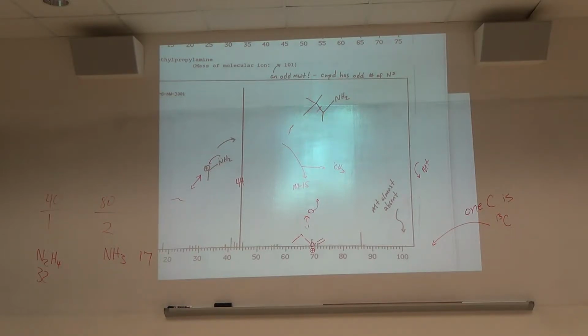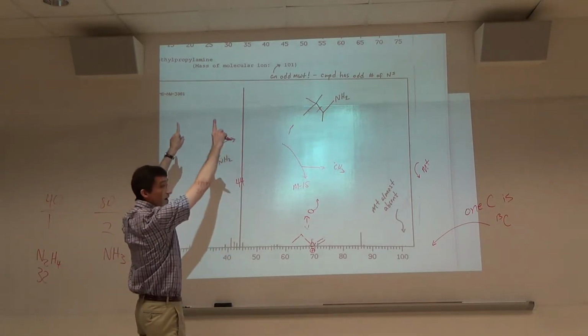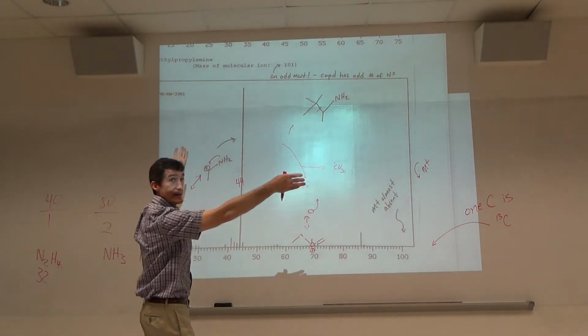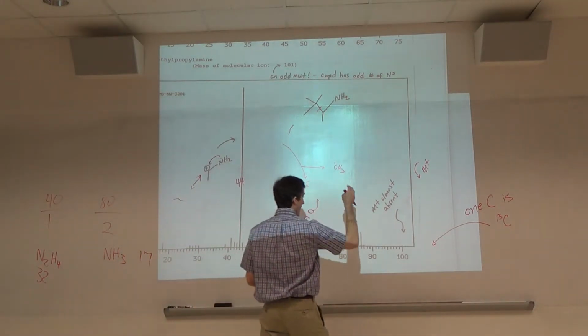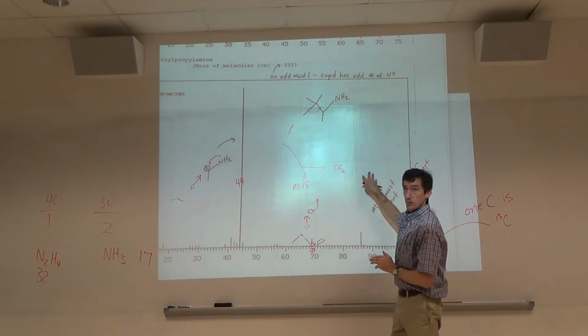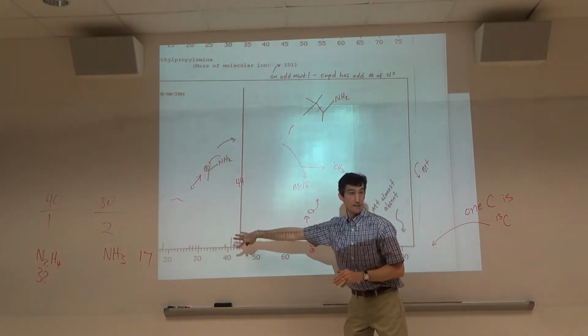Look at the one above. They were all odd. Okay? Up above, even molecular weight, odd cations. When you have an odd number of nitrogens, odd molecular weight, even cations.